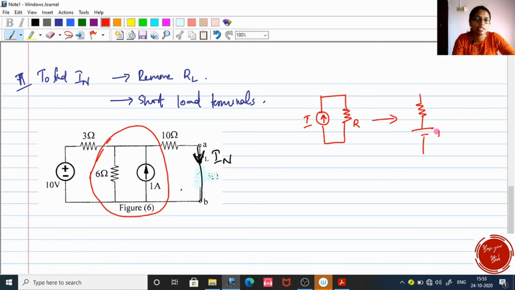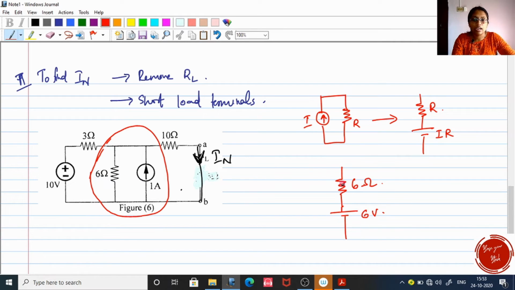So the voltage is IR and the resistor is the same R. So here 6 ohm and 1 ampere can be reduced to a resistor of 6 ohm and a voltage. Since the current is moving upward, we must have the positive polarity on the upper side. So here it is 6 into 1, 6 volt.